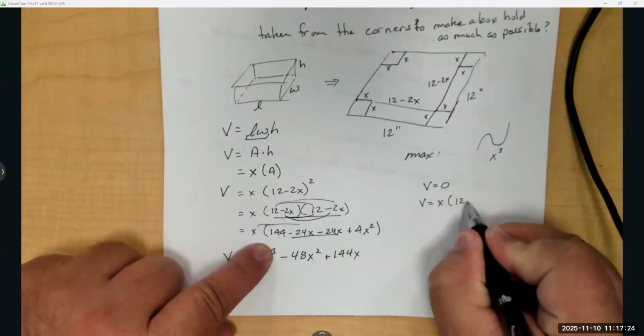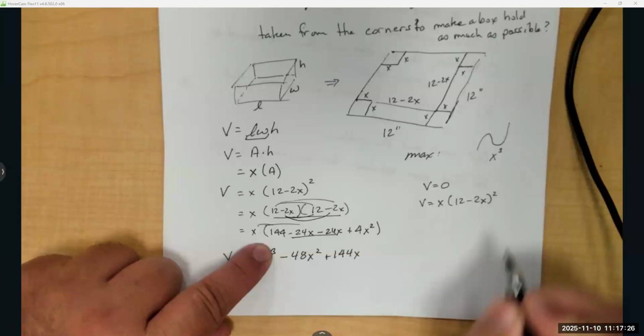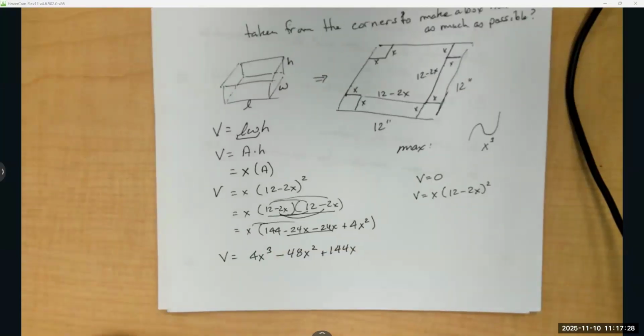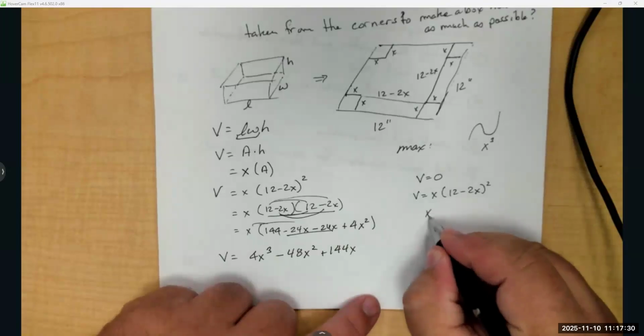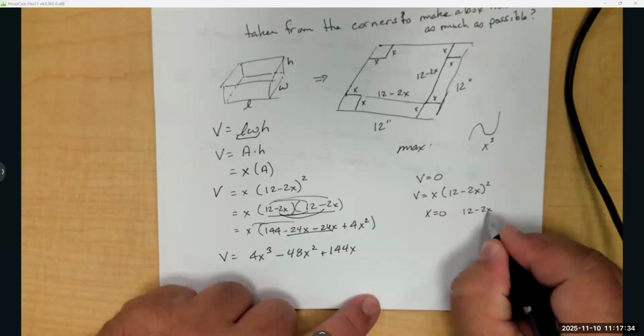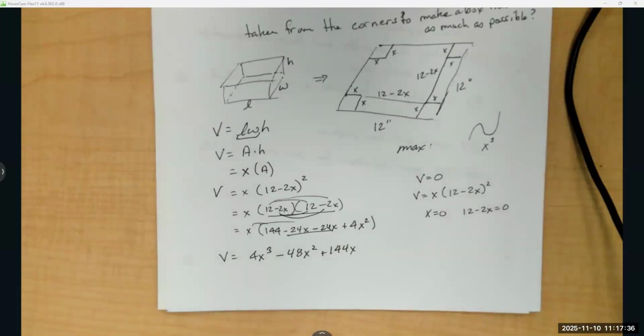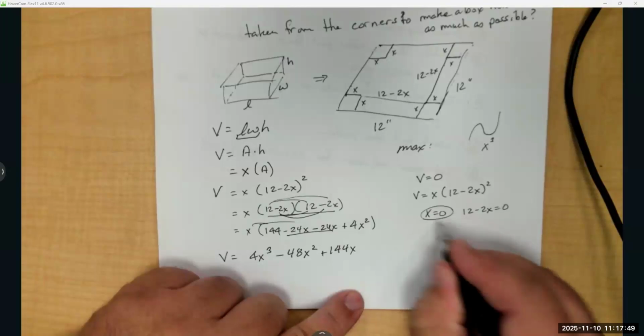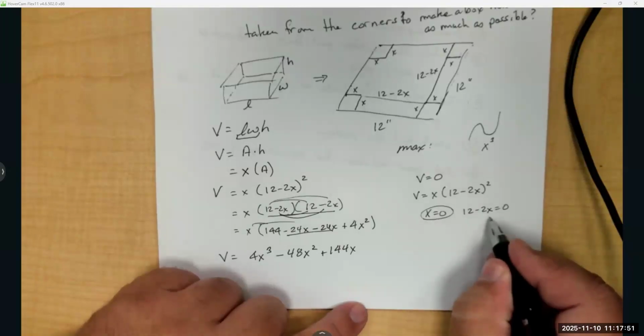x times (12 minus 2x) squared. If we set those equal to 0, we get x equals 0. And then all we have to do is set the middle inside there equal to 0. Work it out. See what you get. And what do you think those represent? So we have x equals 0. That's one of them. What's this one going to give us?